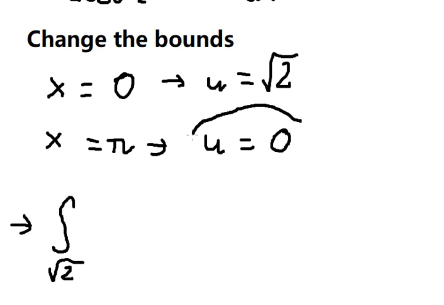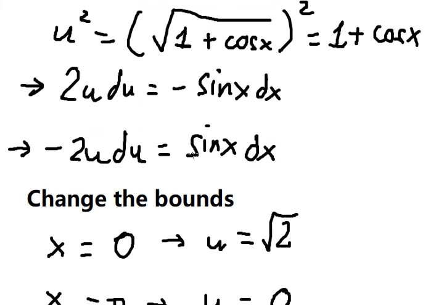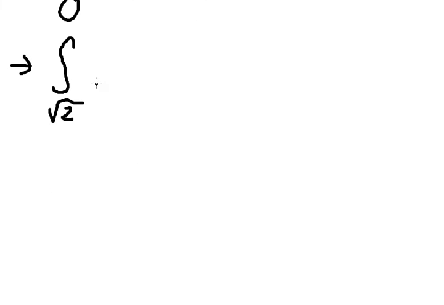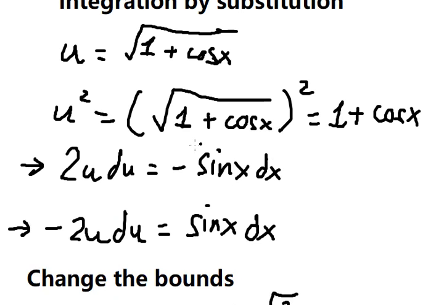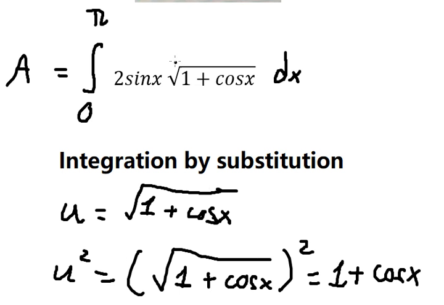So we need to change sine x and dx by negative 2u du. The square root of 1 plus cosine x, we need to change by u.